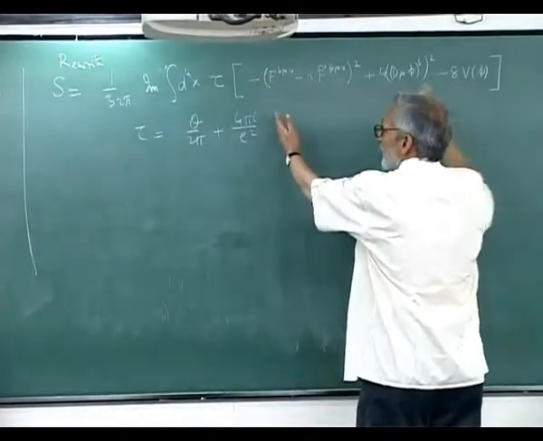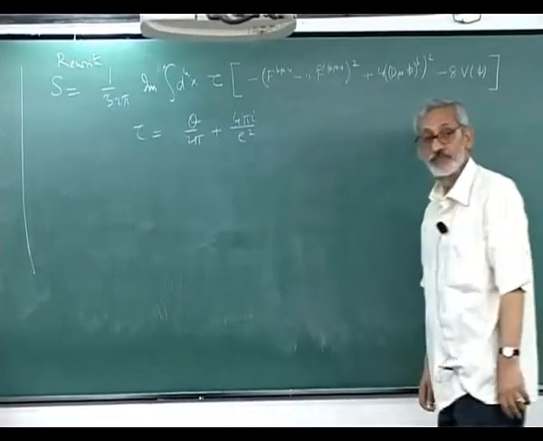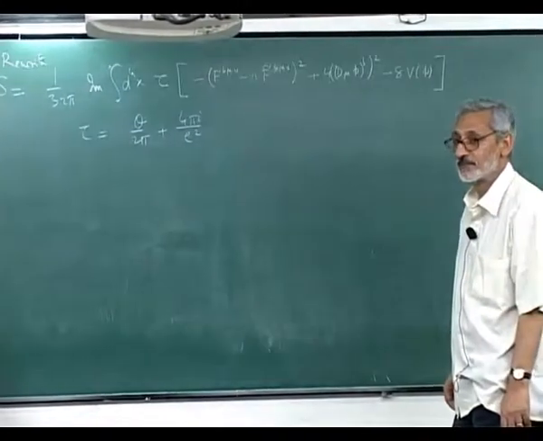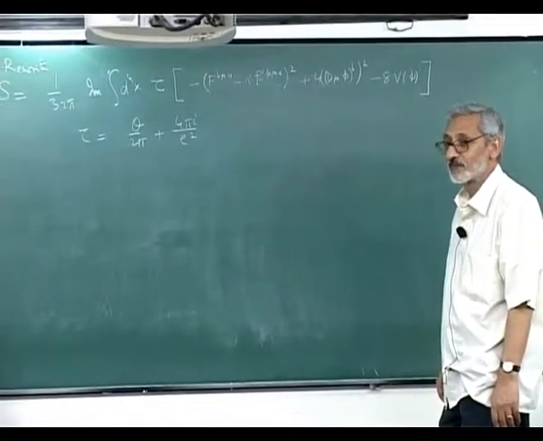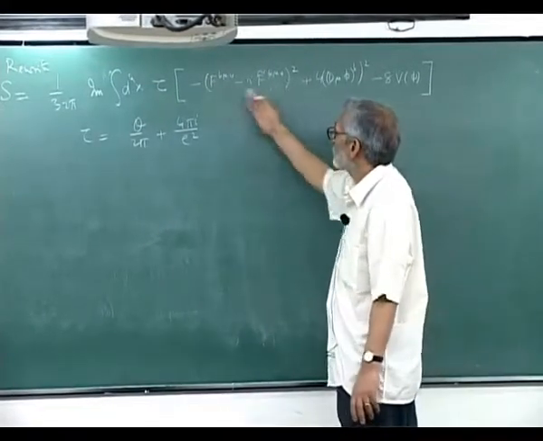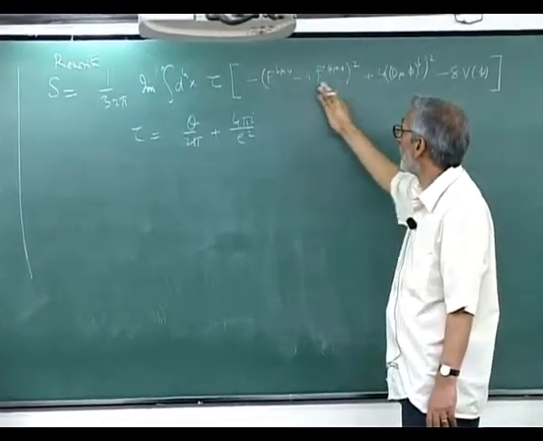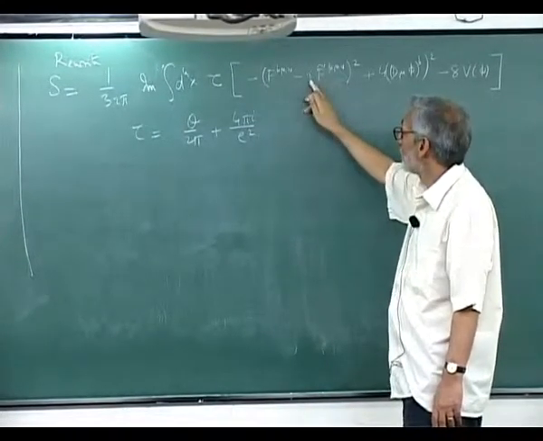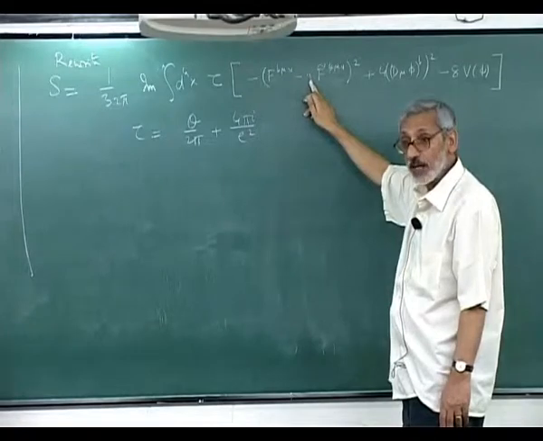Now let me check whether this is exactly that. Let me expand this out. This is F square and the square of this term. i square is minus 1.